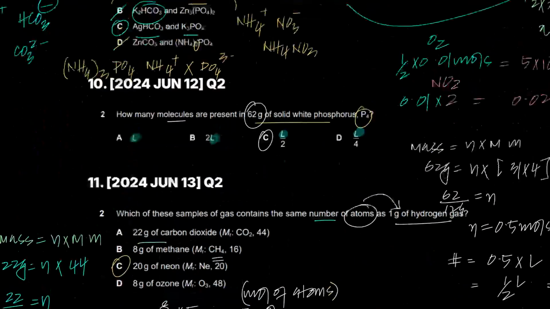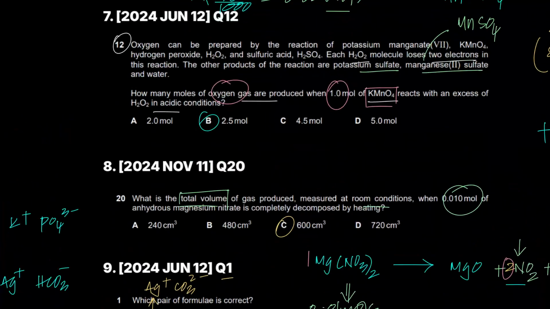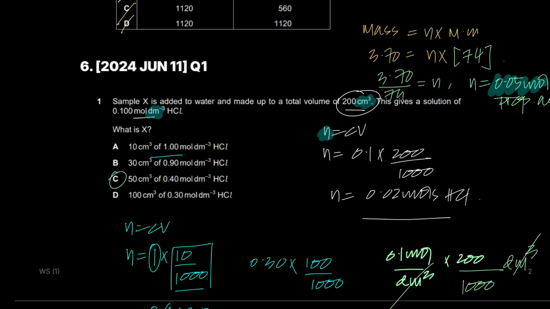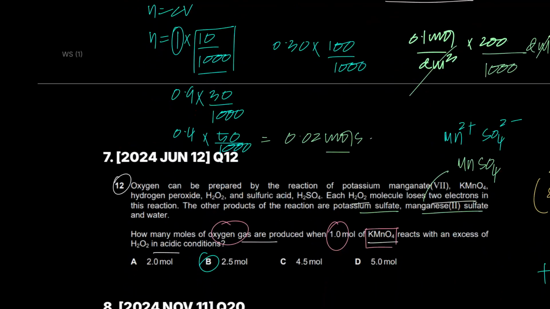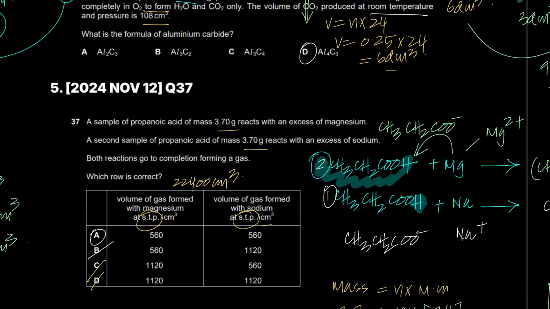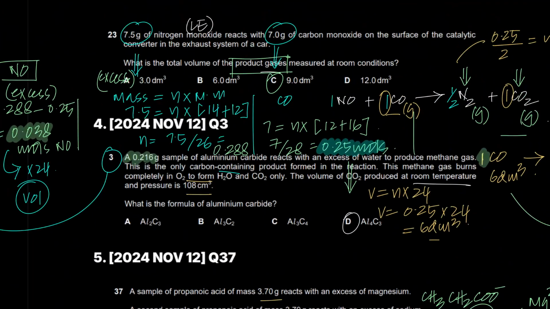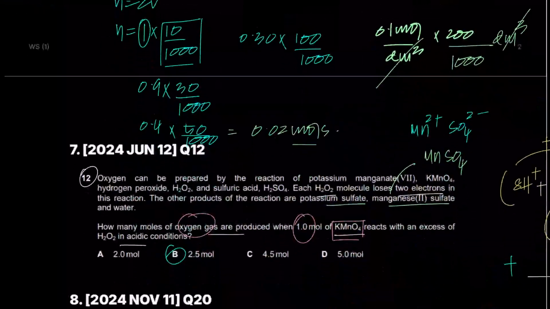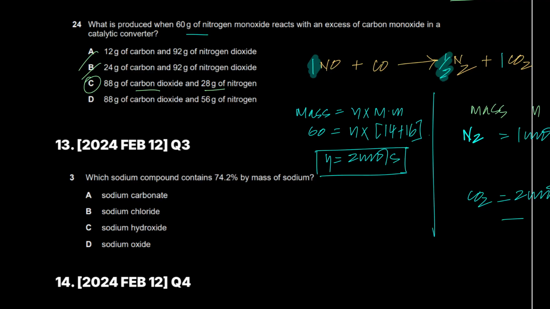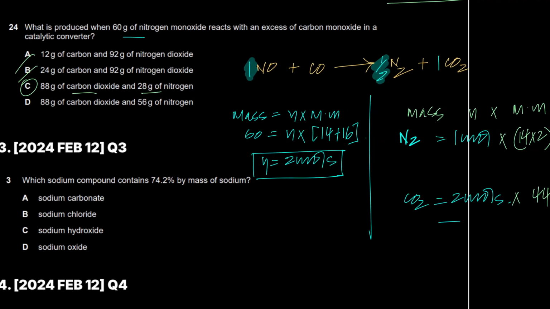The only challenging ones I saw up until now are question 7, probably, because I don't think students would have deciphered how to make these half equations. So question 7 and maybe question 4 were a little challenging for students. I'm joking. I'm also doing them for the first time.